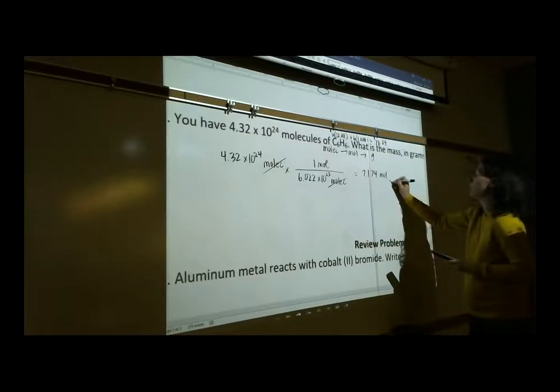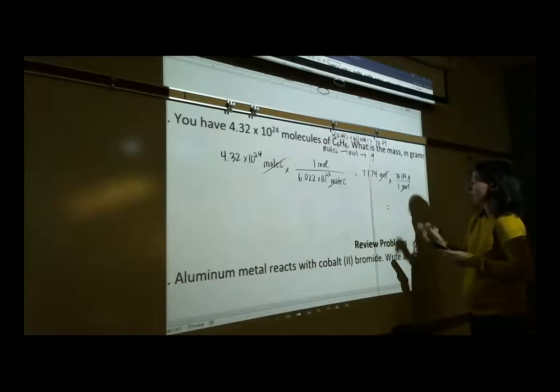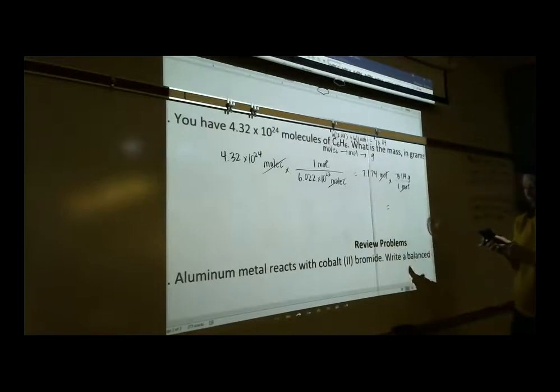All right, now we convert moles to grams. So 1 mole has a mass of 78.114 grams. Moles cancels. So times 7.174.